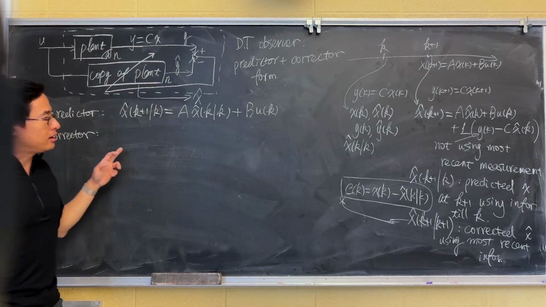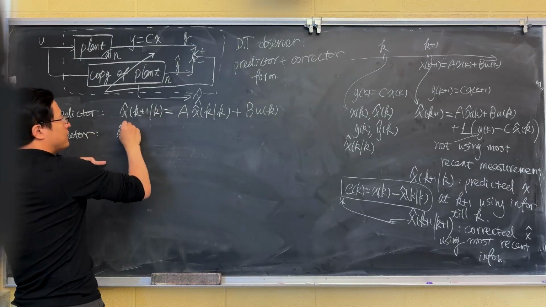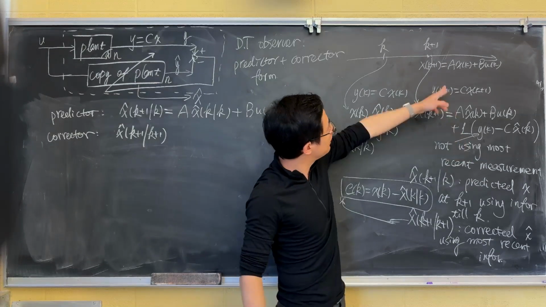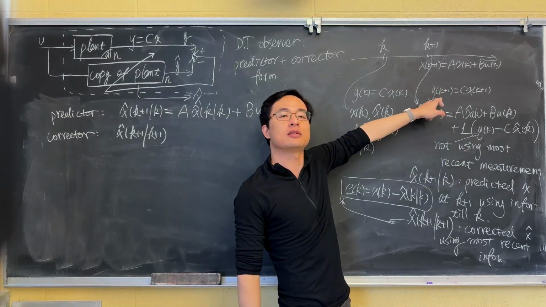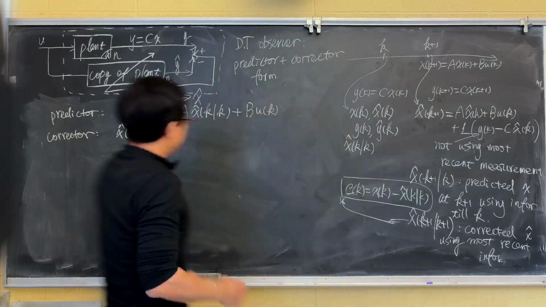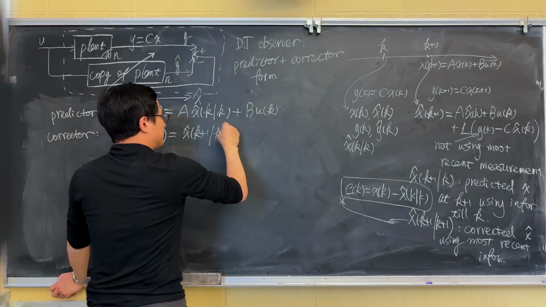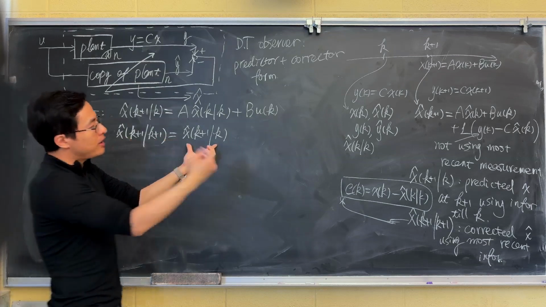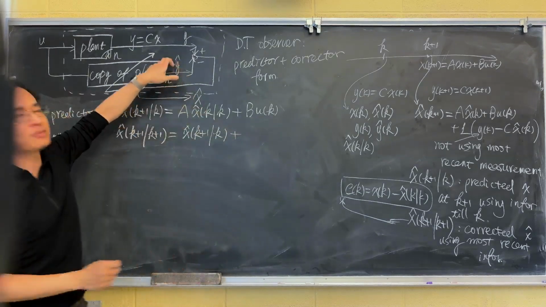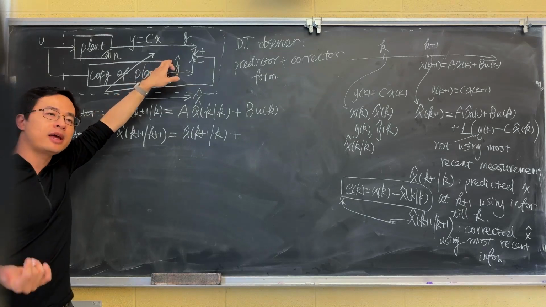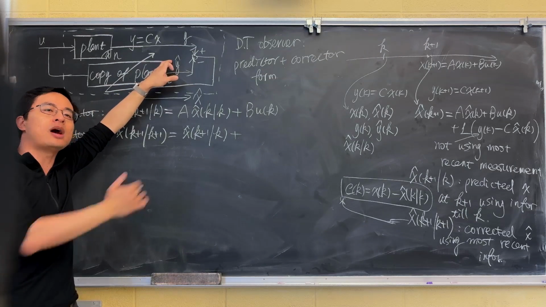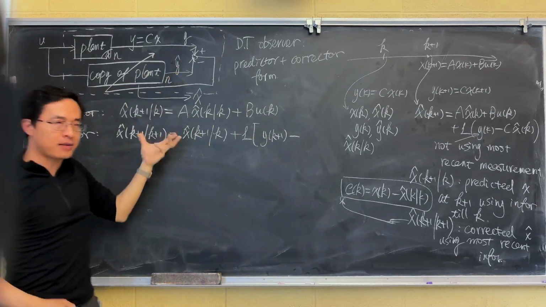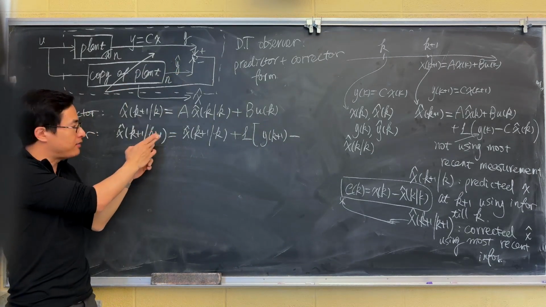There's no correction yet. And I'm using what I have best available to do the prediction. And then the corrector is, I'm trying to improve upon this by integrating the newly available measurement yk plus 1. So I'm improving upon this one. And then the way that I'm going to improve is similar to this concept over here. I'm going to try to use an error term to drive this update. So the error term, this time I'm going to use whatever I have at k plus 1.